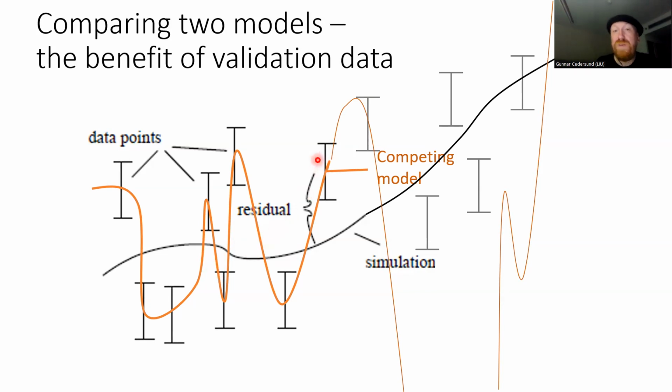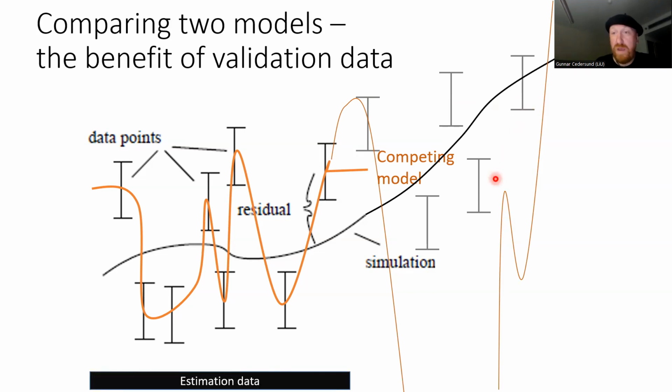So that would be seen when you have the prediction. It would be widely wrong in predicting new data. And this whole idea is called to use some data for estimation and some for validation. And this is a super important approach to test a model. Can it predict data that it hasn't been trained on?